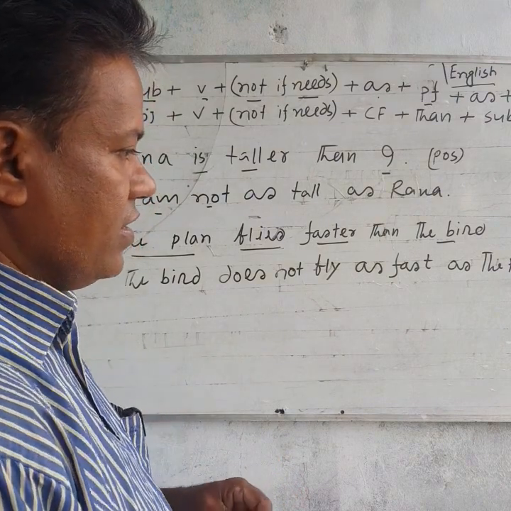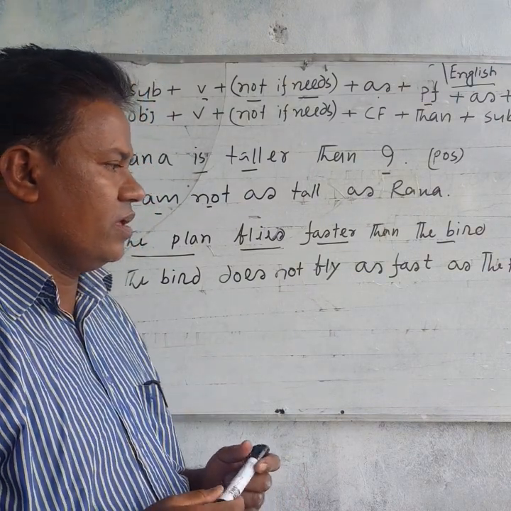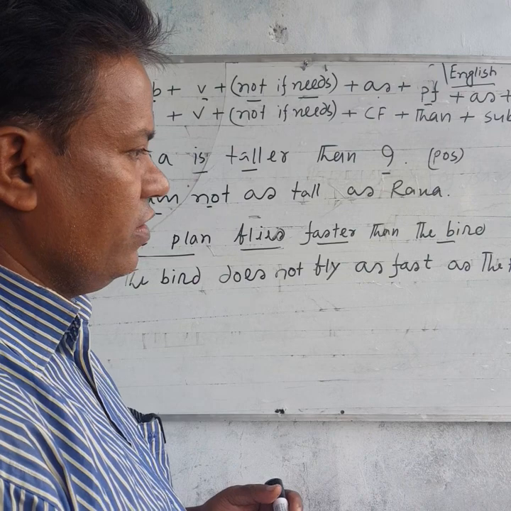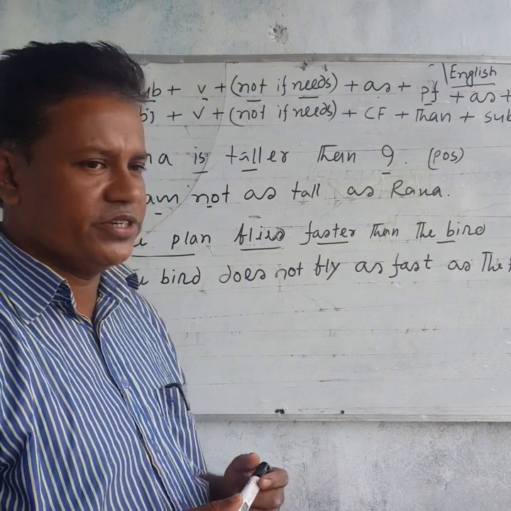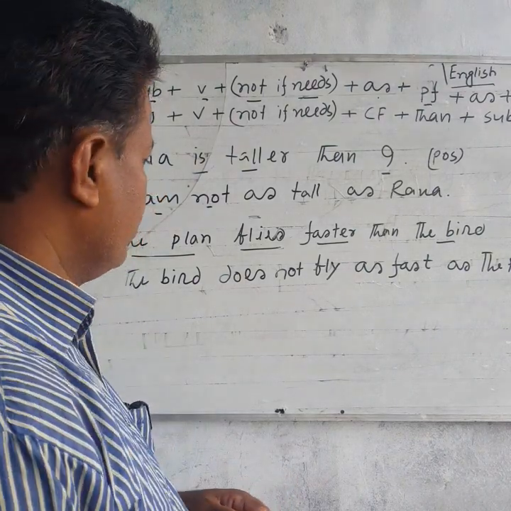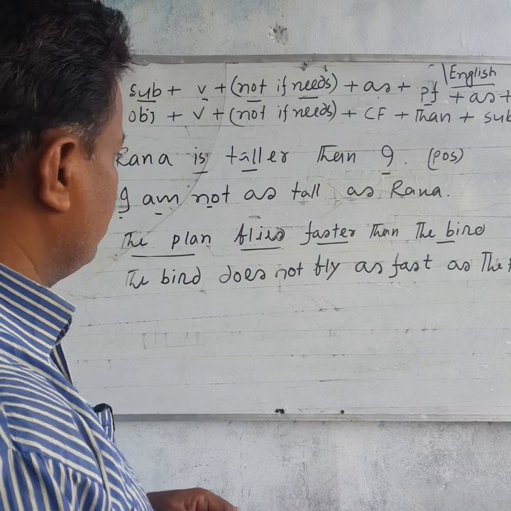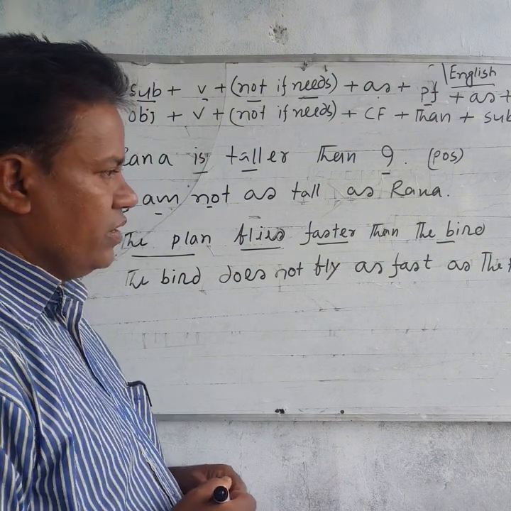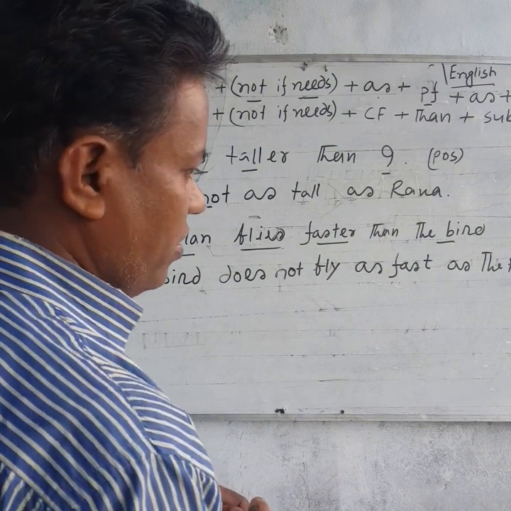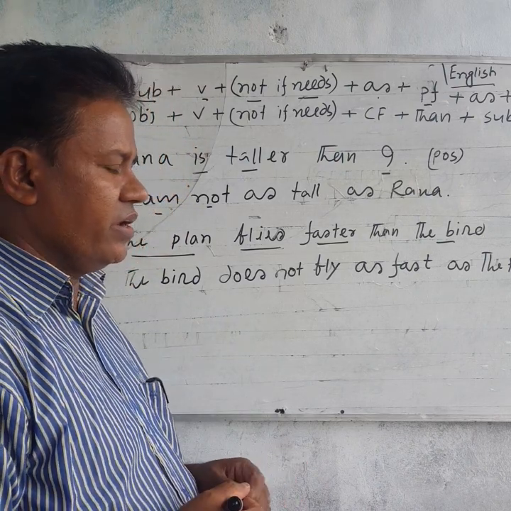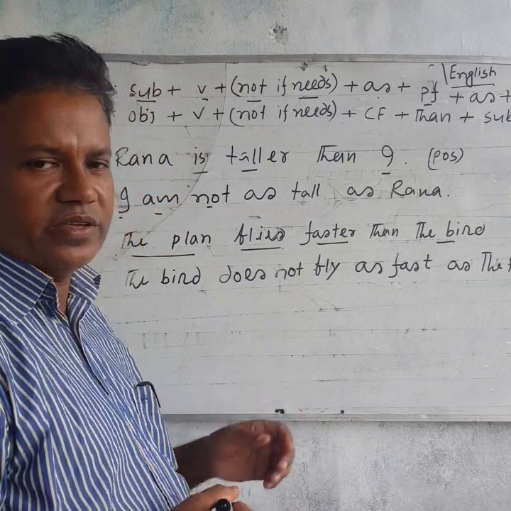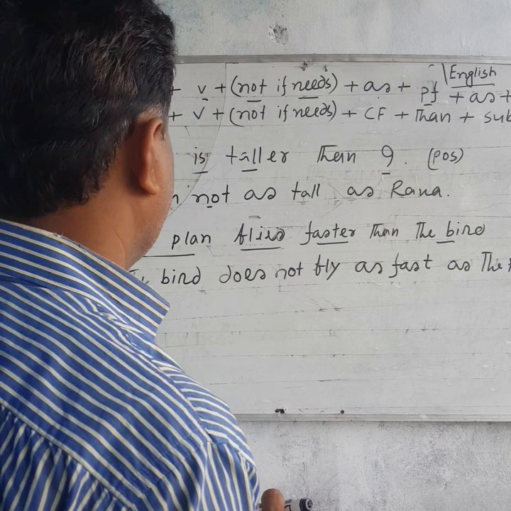Generally, such rules will not be seen in the examination, but you must know it. When any question comes in any examination, you will see that you will do it easily.